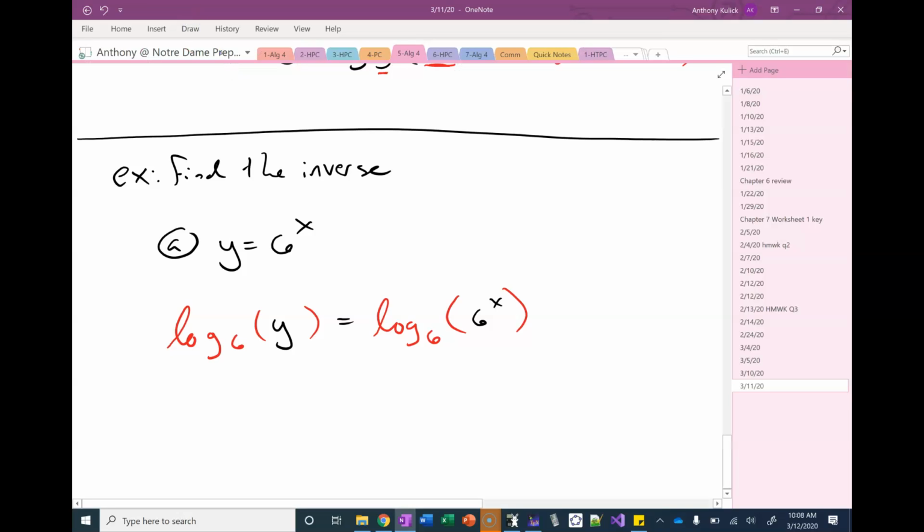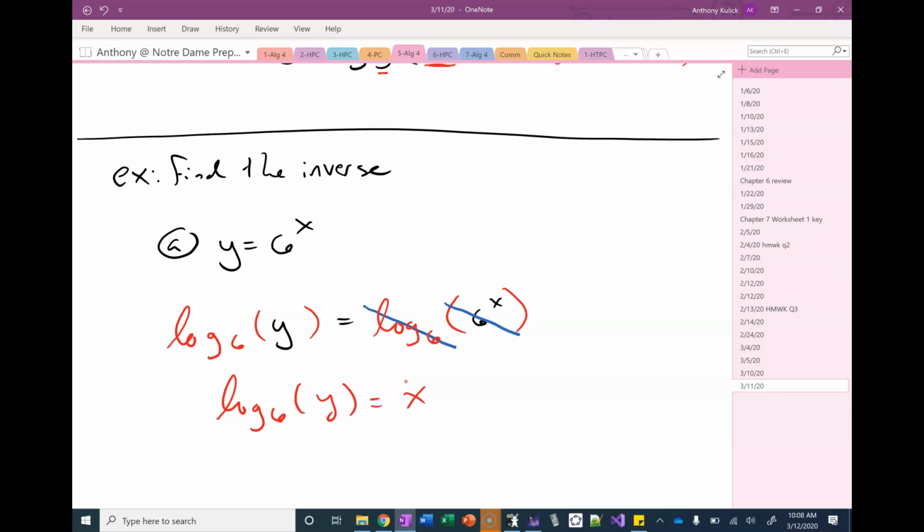So if I look at the right-hand side, what can happen? Log base 6 cancels with exponent base 6. And we're left with just the x. Notice at this point the x has been isolated.